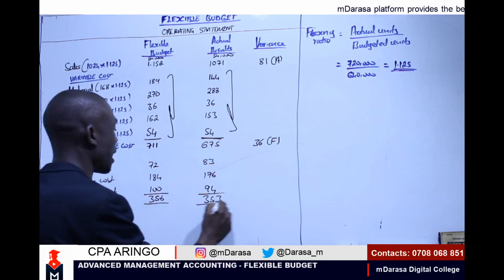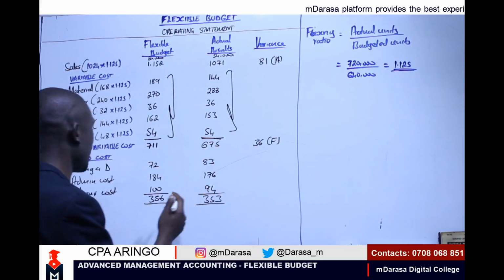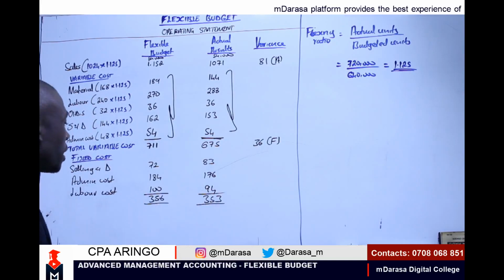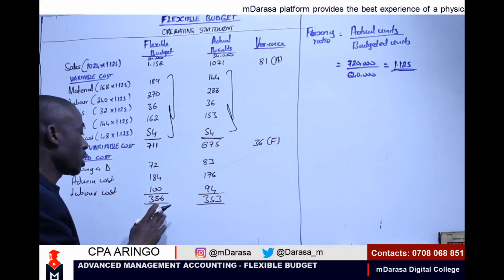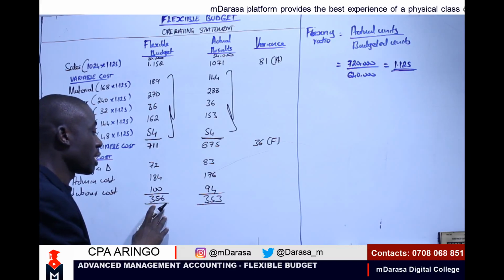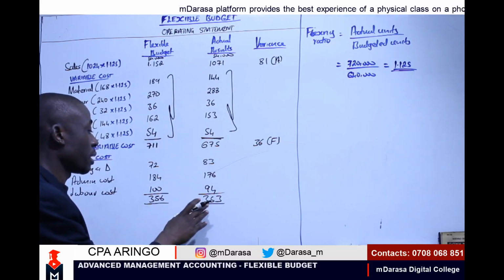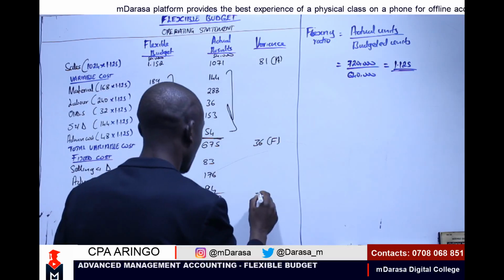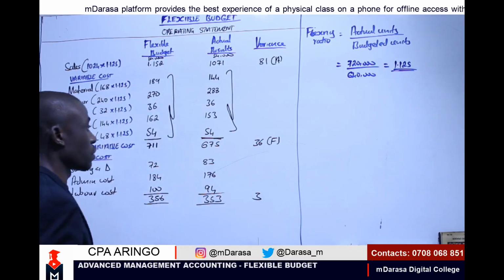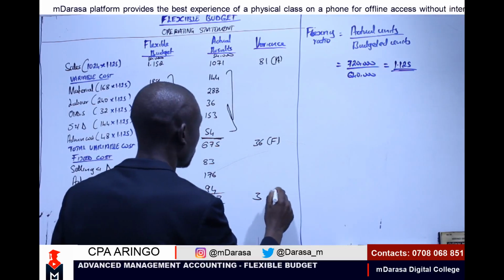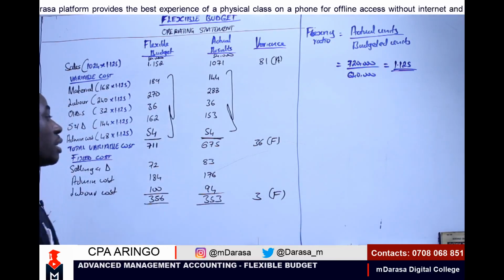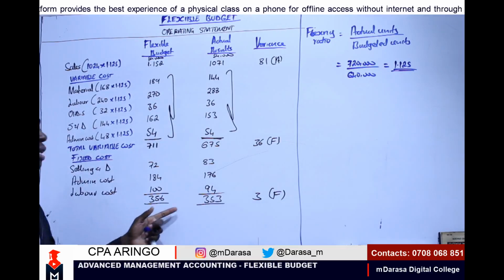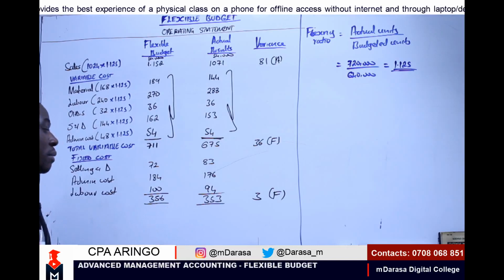At this point, I can clearly determine our variance. I had budgeted for 356 in regard to our cost. I'm spending 353. So I should be talking of variance of 3. That variance, of course, is in favor of us.